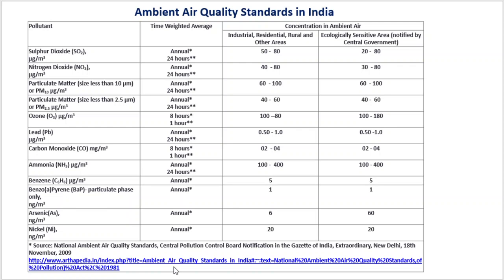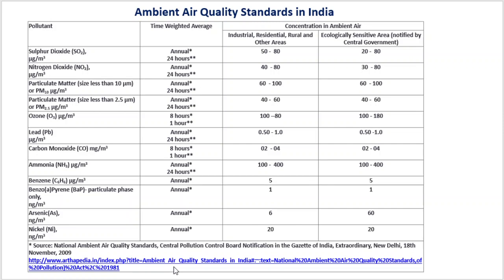The first one we see is sulfur dioxide, that is SO2, in microgram per meter cube. Time weighted average is annual and 24 hours. For industrial, residential, rural area we can see a limit of 50 to 80 is set, and for ecologically sensitive area the limit is set to 20 to 80.